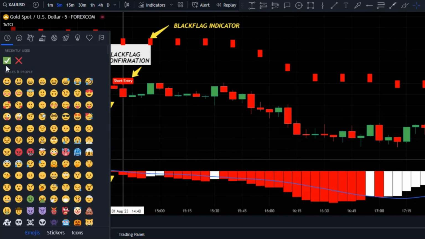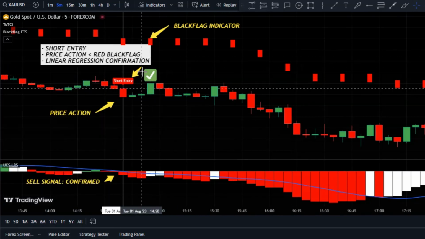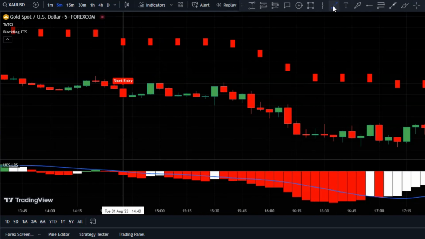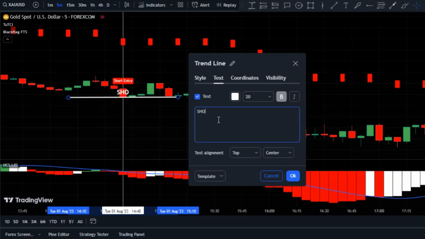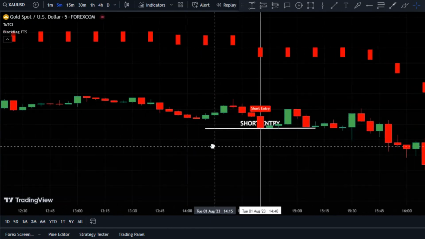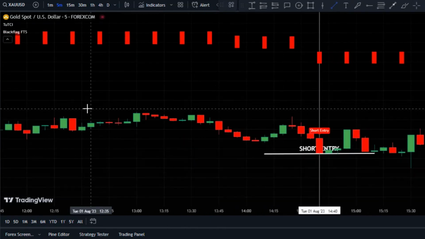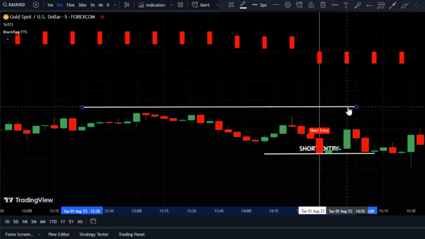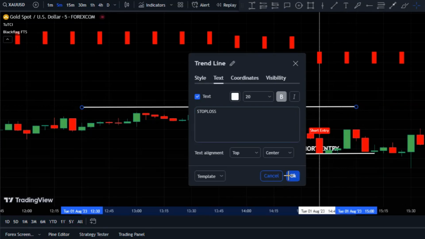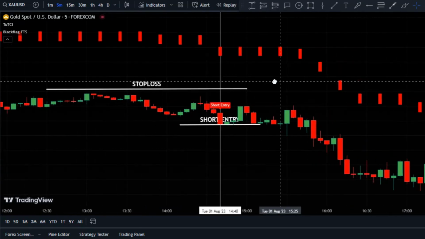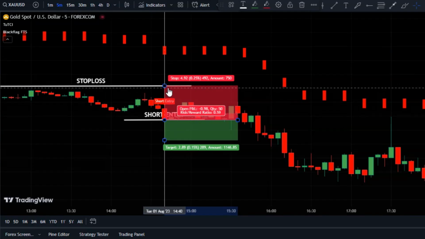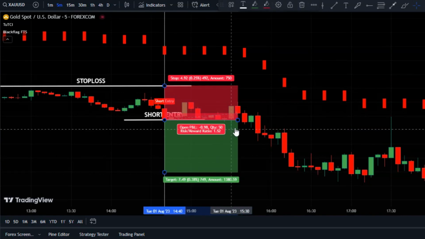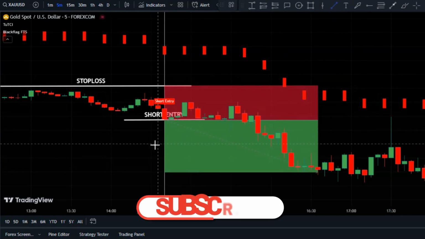If all those conditions check out, the sell signal will be valid and you can enter a short trade. And now place your stop loss above the recent swing high. And set the initial profit target at around 1.5 times the size of your stop loss.